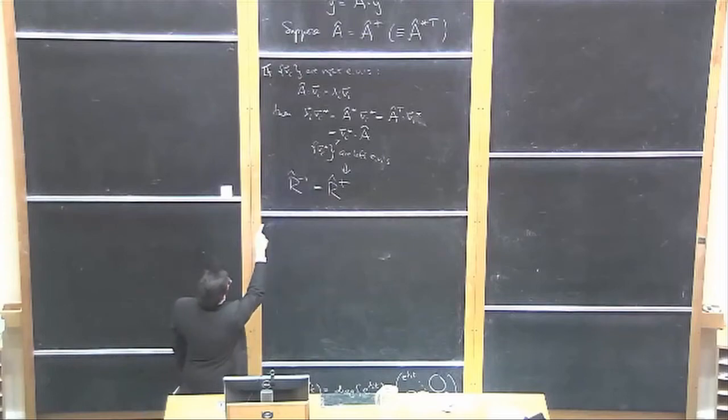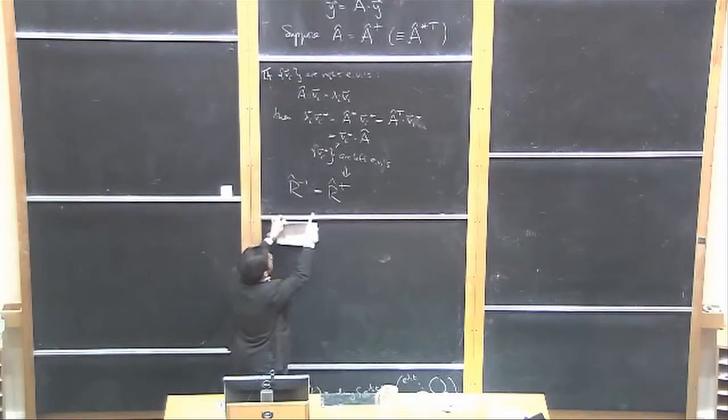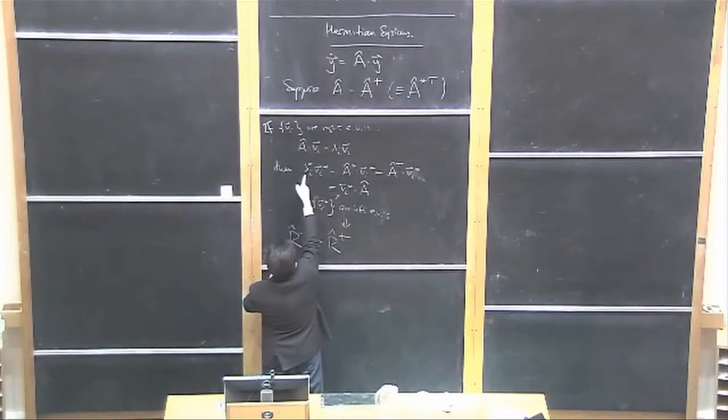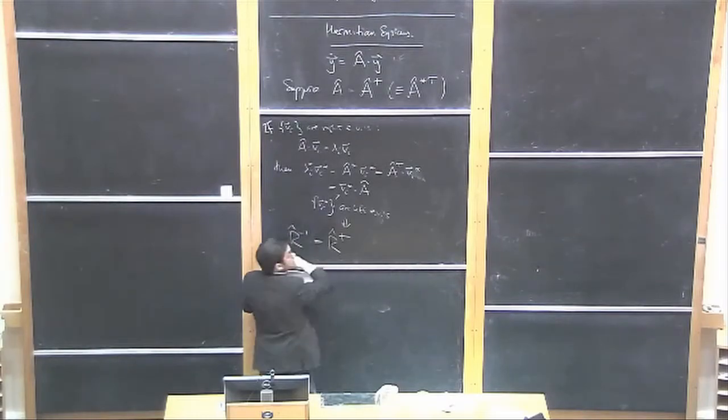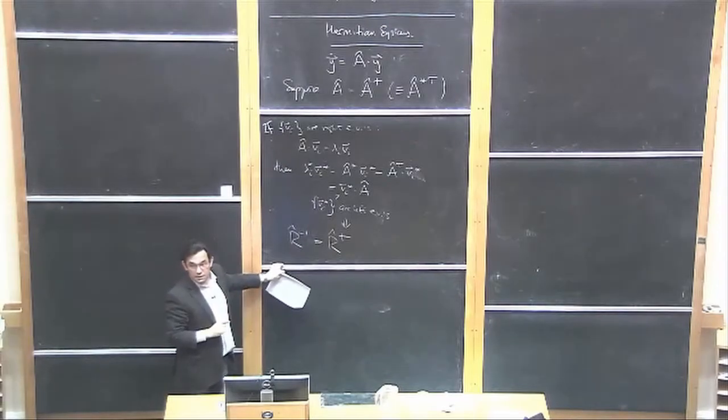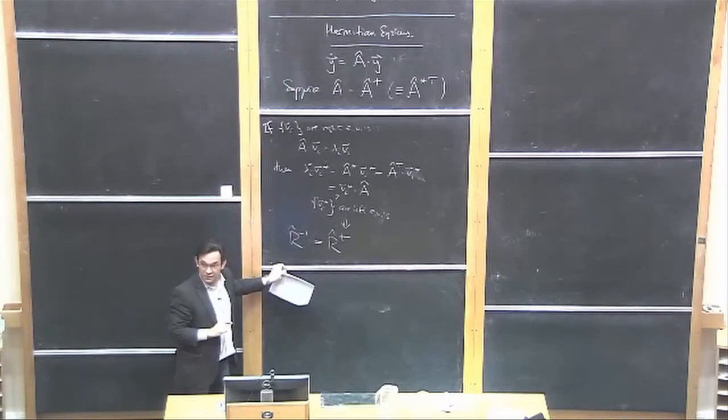You see here that the left eigenvalues are the stars of the right eigenvalues. But I've proven to you earlier that the right and the left eigenvalues are the same.